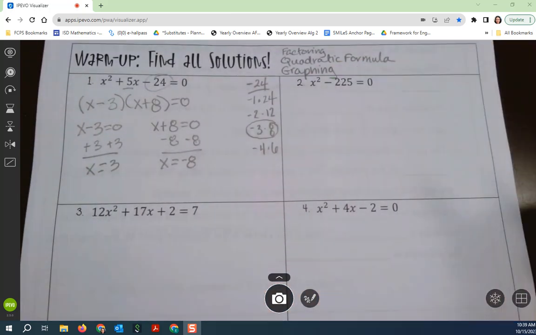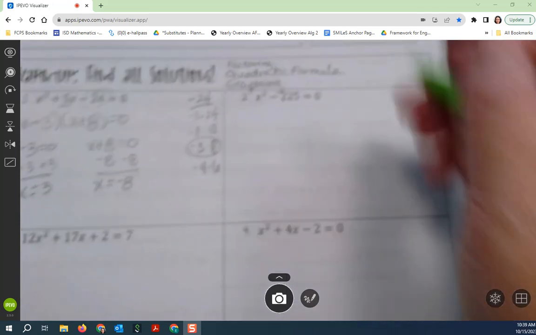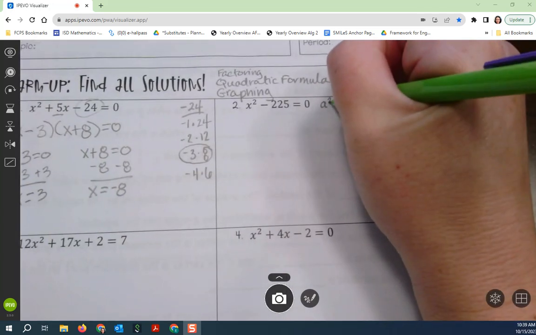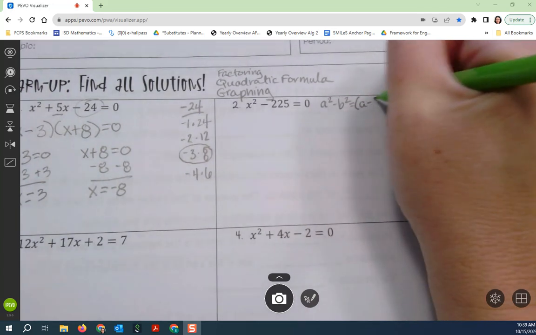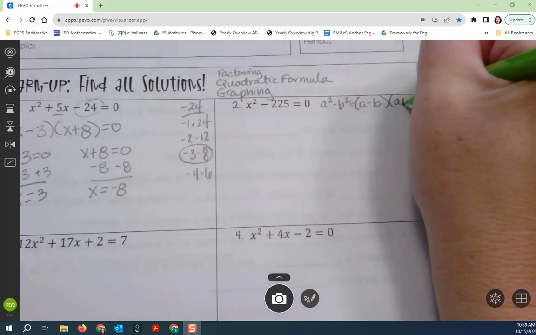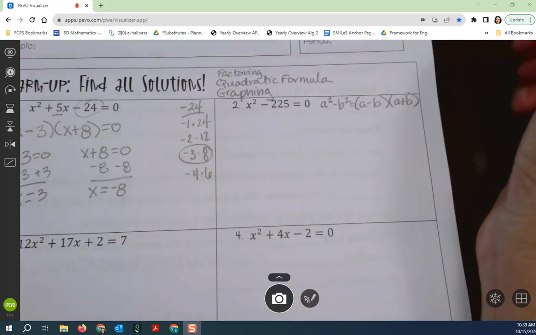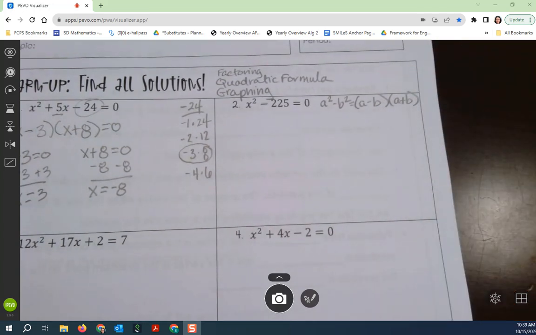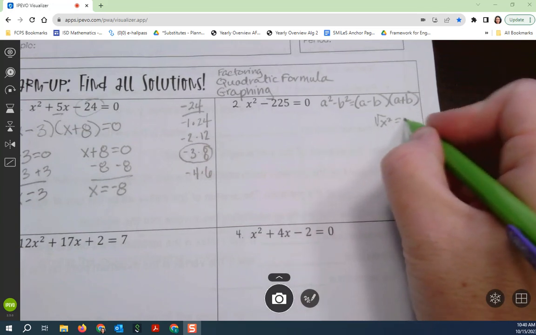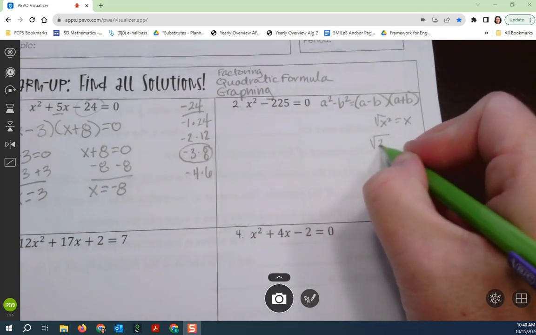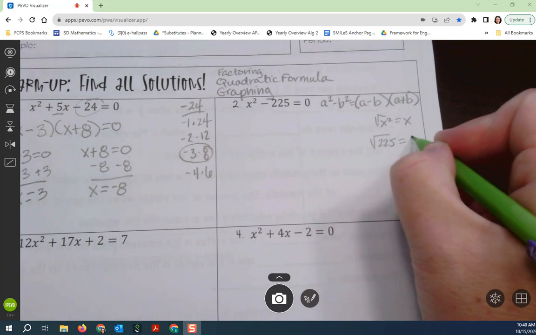The next one is the difference of squares pattern, and you may remember the difference of squares pattern says if you have a squared minus b squared, that can be factored to be a minus b times a plus b. And to find your a and b, you just find the square root of your two terms. So the square root of x squared is x, and the square root of 225 is 15.